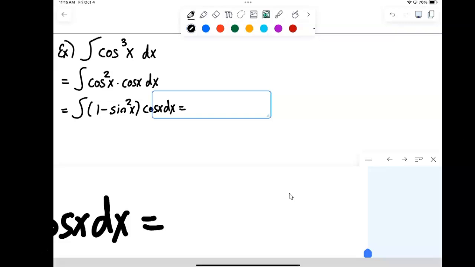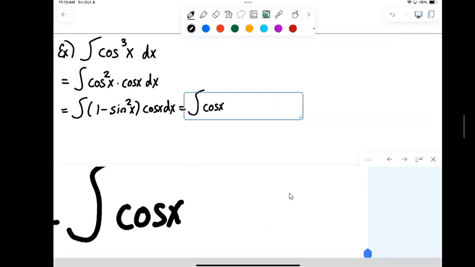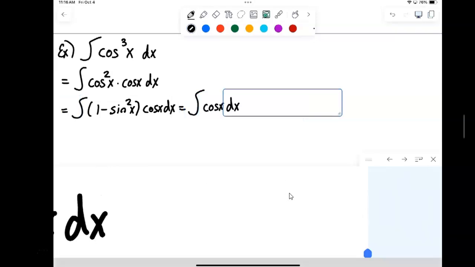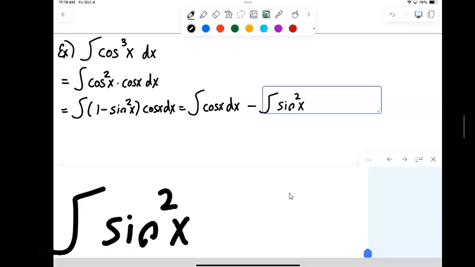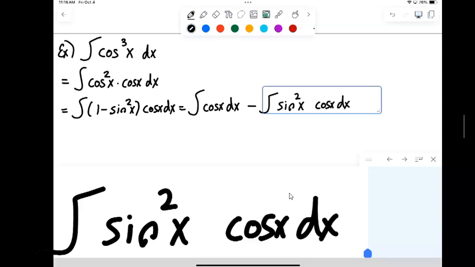So that would be integral of cosine x, minus, I'm going to do that as dx, just break that up as 1. And then minus the integral of sine squared x, and then I still have that cosine x dx, which I'm going to group together in a moment, and you'll see why.